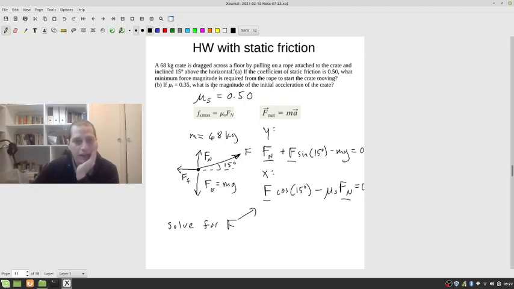Then for part B, it asks, if this mu k is 0.35, what is the magnitude of the initial acceleration of the crate? Well, in that case, you know what the normal force is going to be, and this number has changed, and you still know the force that's acting from that rope, so you're going to be able to use your F equals ma.